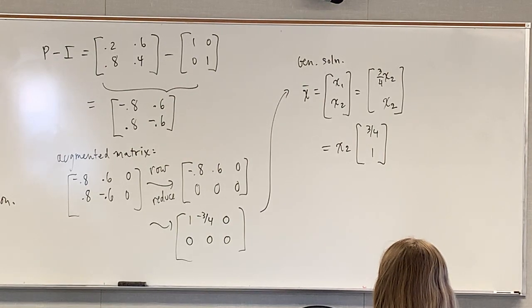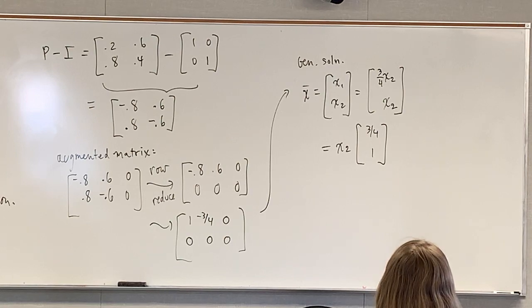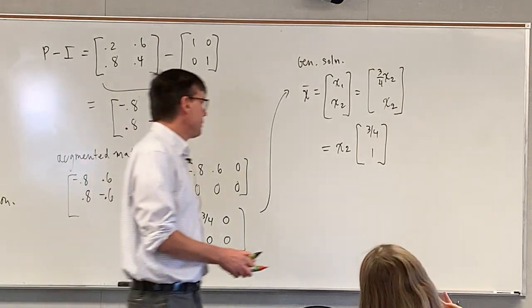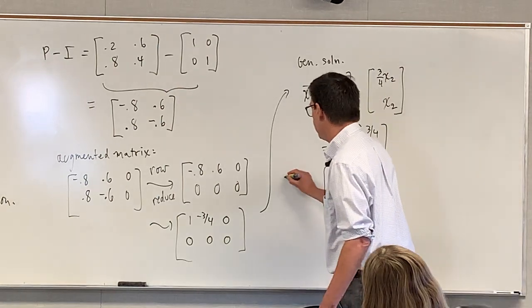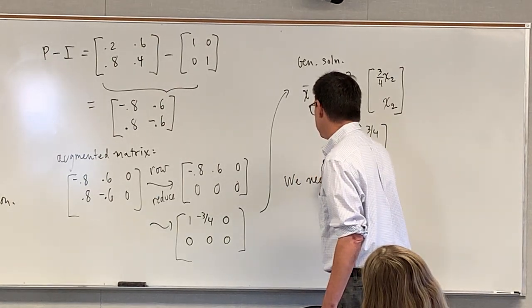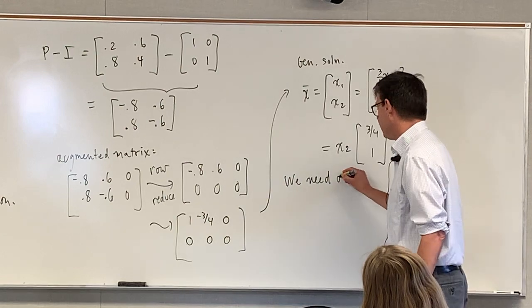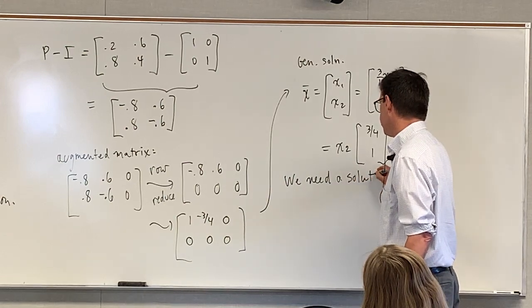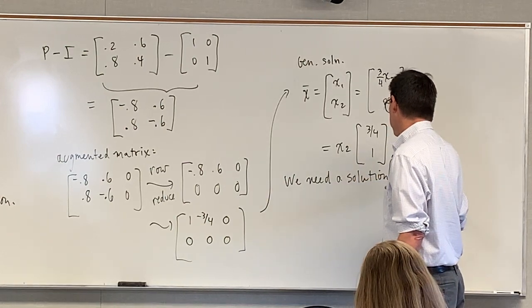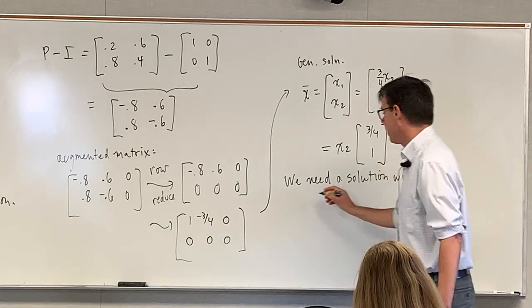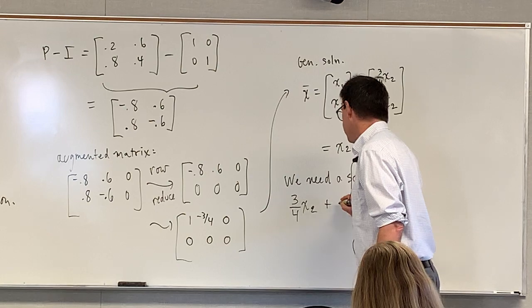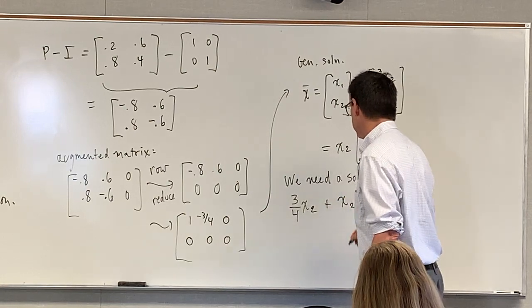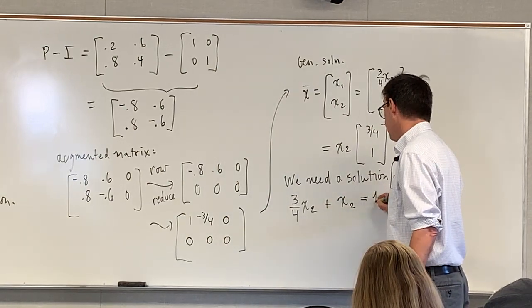So there are many solutions to that equation, all possible values of x2, but we need a solution with the entries 3/4 x2 plus x2 equal to 1.